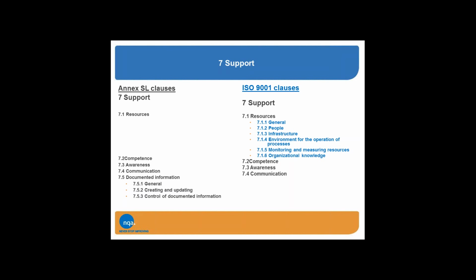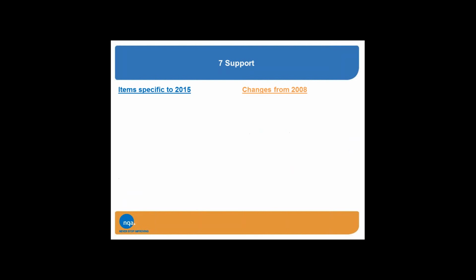In the past, the standards would have talked about procedures or manuals or records or work instructions, but here we have just a generic term, documented information. And not surprisingly, that carries over into 9001. And in general, looking at that clause, it's not terribly different to what we're already used to in our management system.